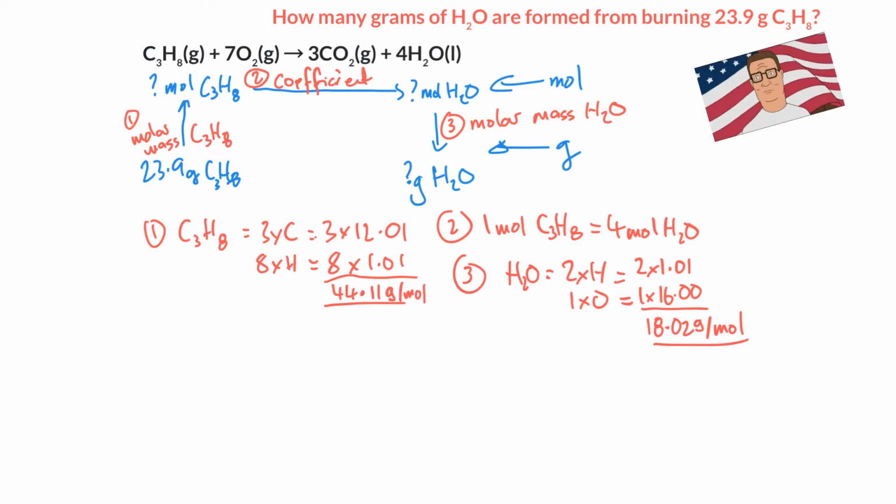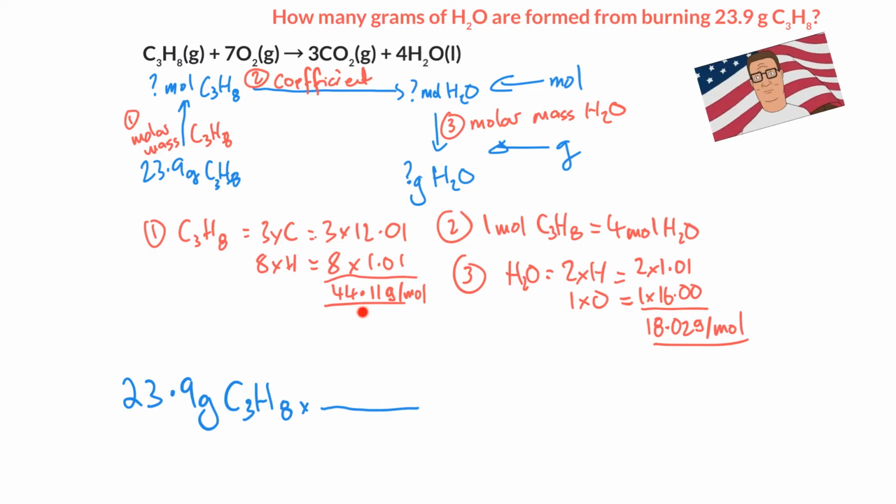So I just went ahead and sneakily pushed it up the screen, but now I am ready. Are you ready? So we're going to start with our 23.9 grams of C3H8. And boom, we're going to multiply this three times. So we're going to go from grams to moles. We need the molar mass of C3H8.